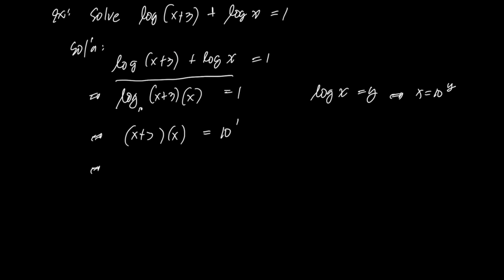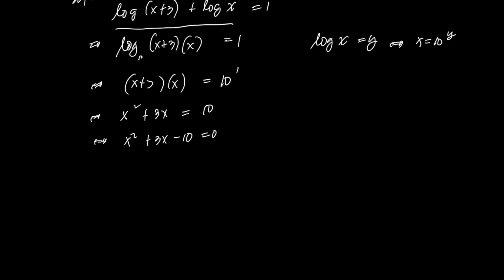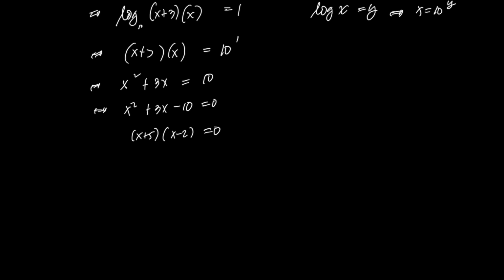So therefore, this is x squared plus 3x equals 10, or x squared plus 3x minus 10 equals 0. Can we factor this out? Yes, the factors are (x plus 5)(x minus 2) equals 0. So we have x equals negative 5, x equals 2.